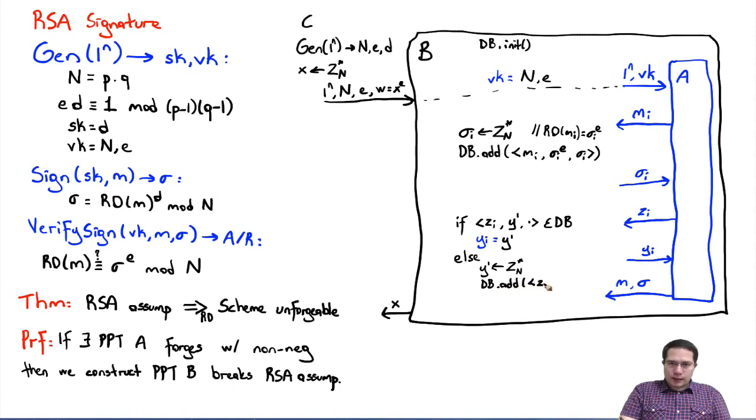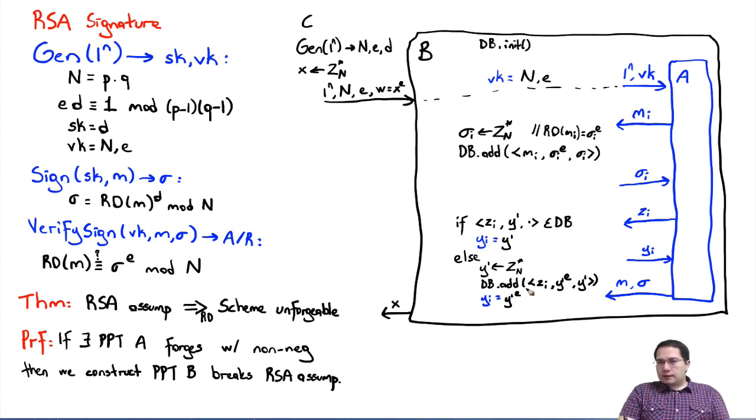So Zi, its corresponding random oracle output would be Y prime to the power E, and the corresponding signature we will remember as Y prime. And then we will set Yi as Y prime to the E.